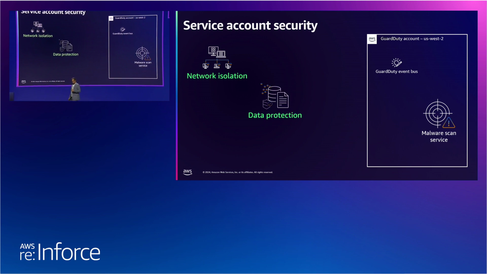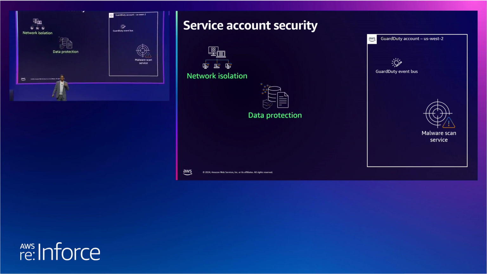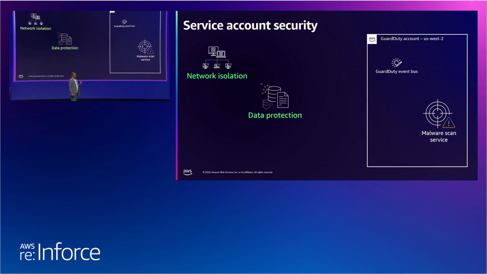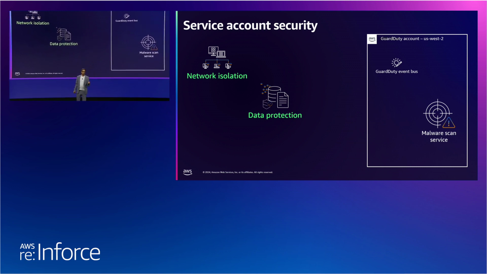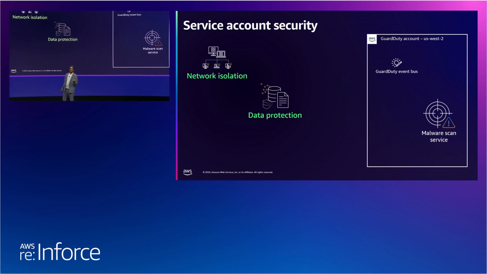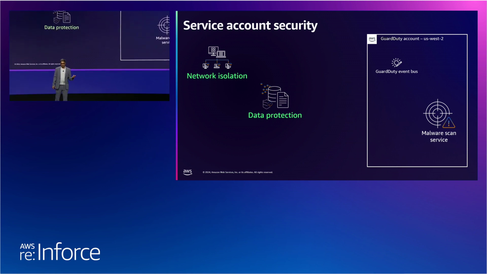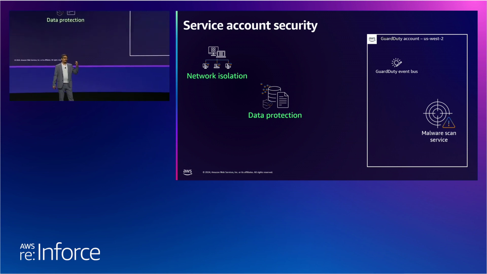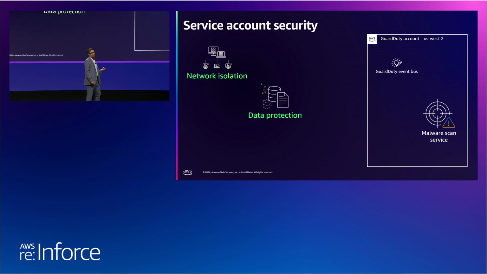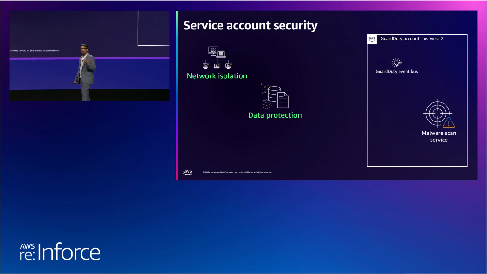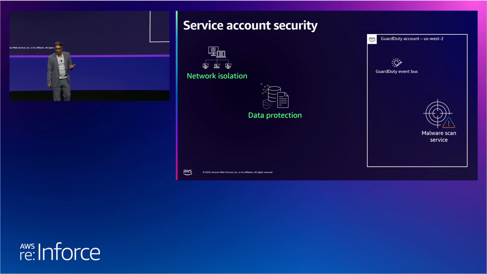In terms of the data level protection, when we download the S3 object into the scanner service account, it gets downloaded to the ephemeral storage. At rest, the data is encrypted with AWS Lambda managed KMS keys.